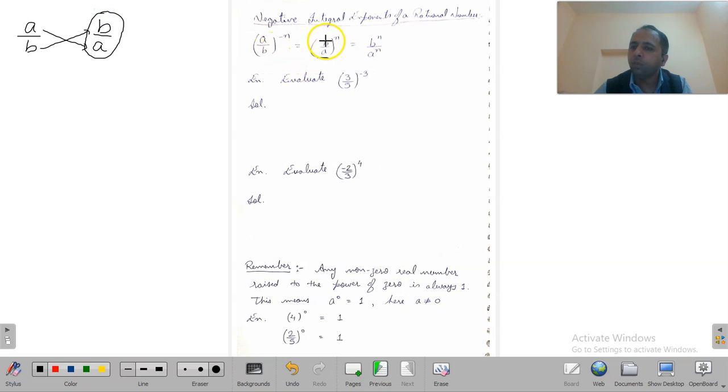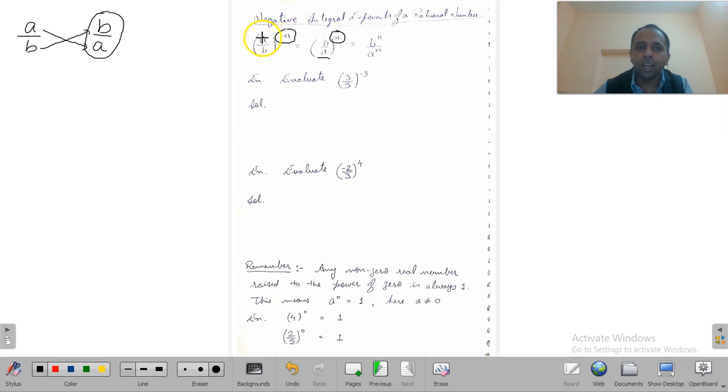We have just understood. So a upon b, now what will we do? We will take the reciprocal of it. It will be b upon a. And now because we have taken the reciprocal of the rational number, the exponent value minus n will here become positive, so it will be n.